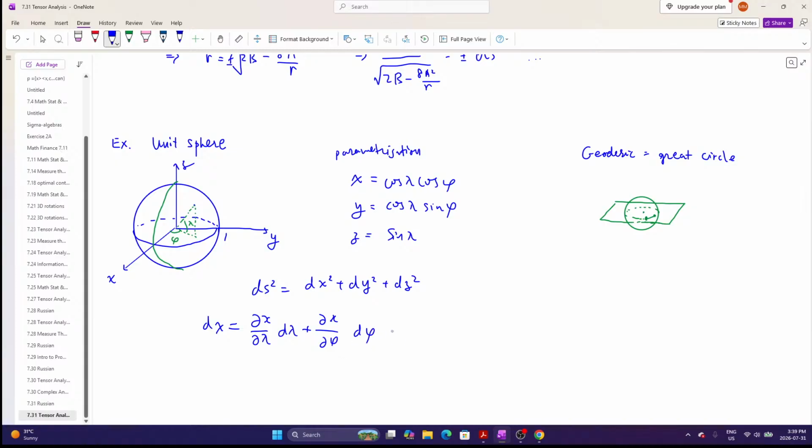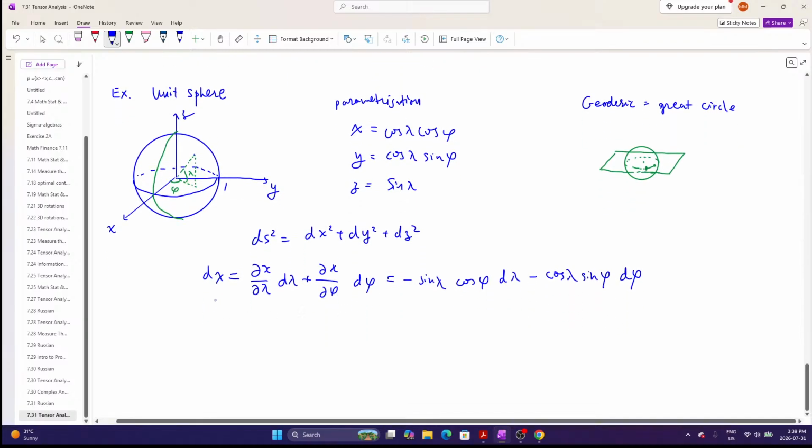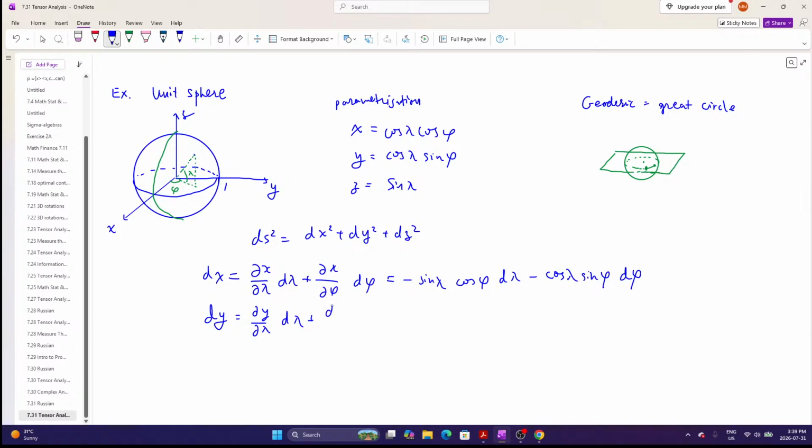So let's do that, and you get minus sine of lambda cosine of phi d lambda, plus dx over d phi, that would be minus cosine of lambda sine of phi, and then d phi. All right, so this is dx, and now you get dy. dy would be dy over d lambda plus dy over d phi times d phi.